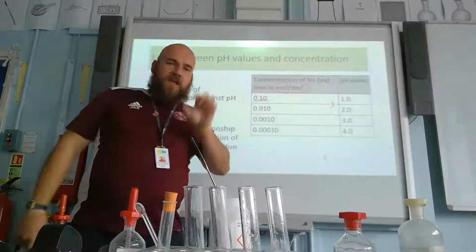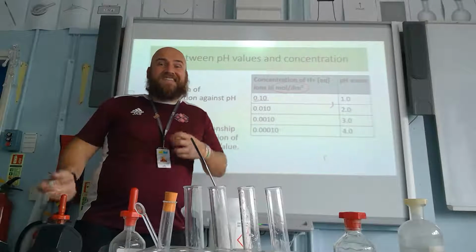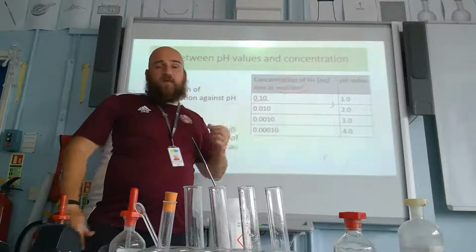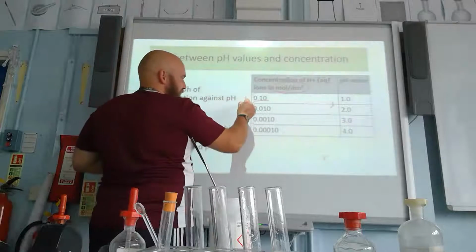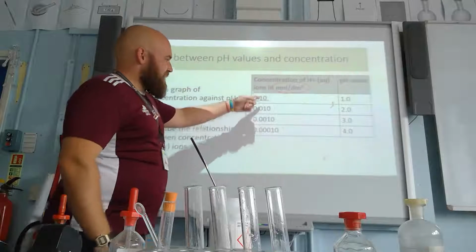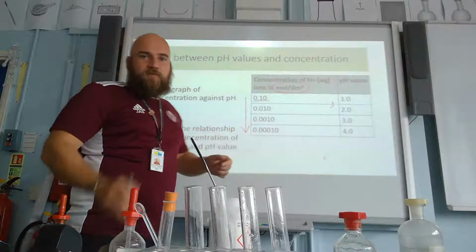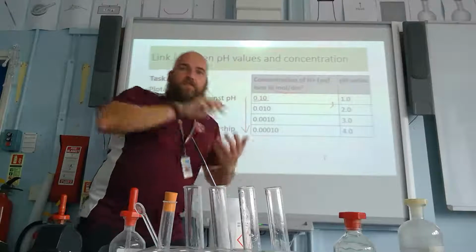In chemistry, it's just a number. A mole is just how much of the solid is dissolved in a litre of water. A decimeter cubed is a litre. So you can clearly see here, as we go down, these numbers are getting smaller and smaller, which means there's less solute dissolved in the water.